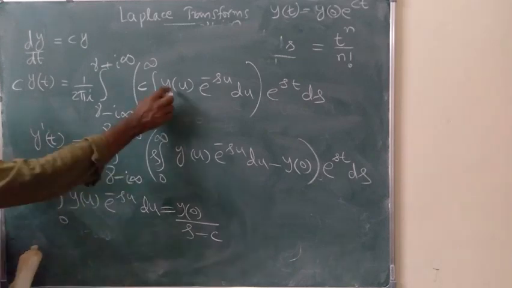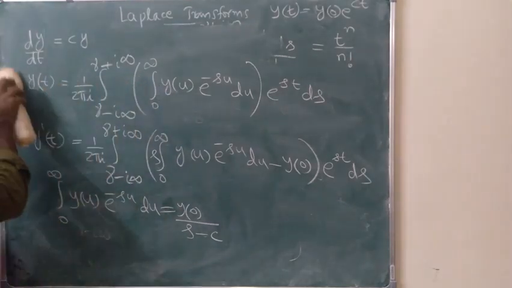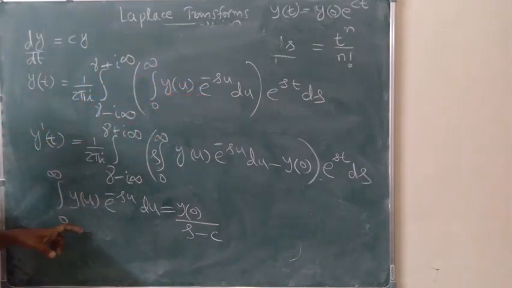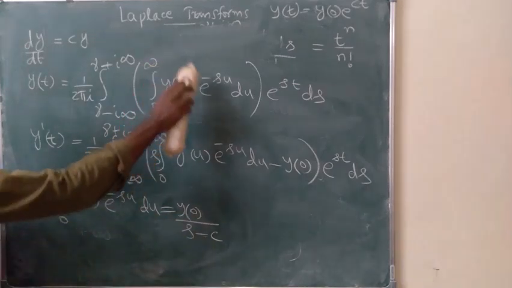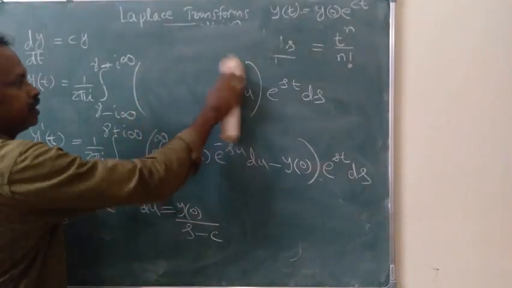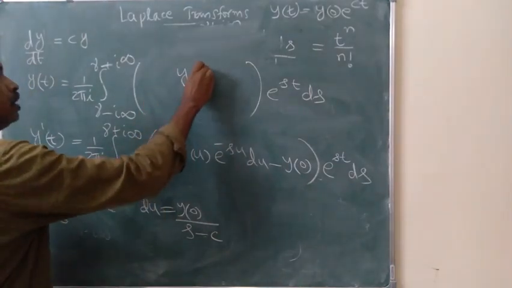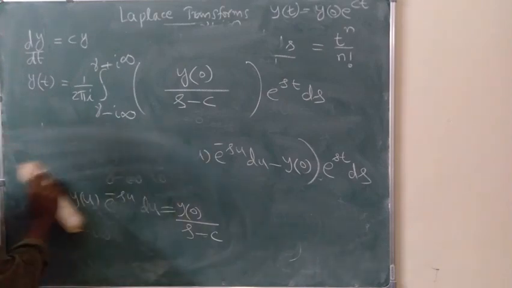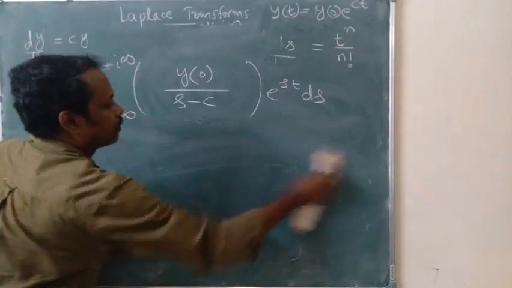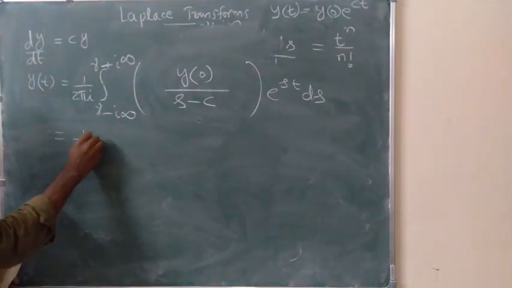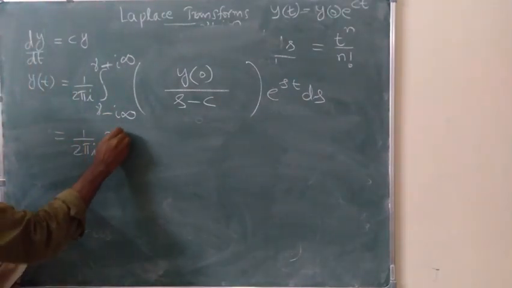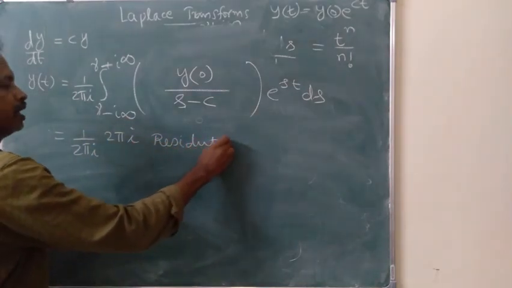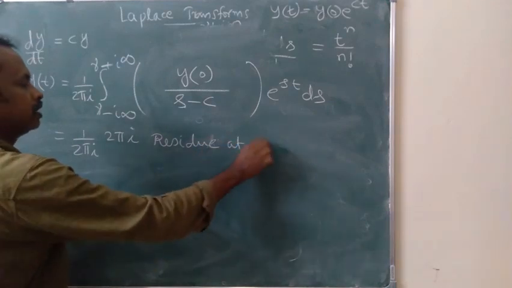Okay, so here is the representation of yt that we obtained earlier. Now this integral that appears here, we have seen that it is equal to y of 0 by s minus c. So we can substitute here for this integral as y of 0 divided by s minus c. Now again we have a complex integral, so that is equal to 1 by 2 pi i by applying Cauchy's residue theorem, 2 pi i multiplied by the residue at c.